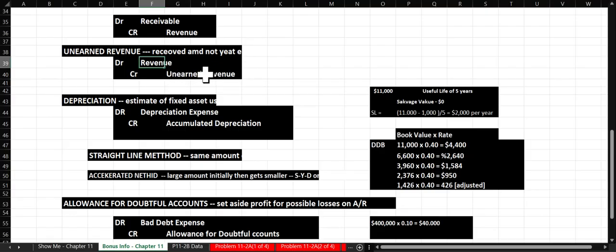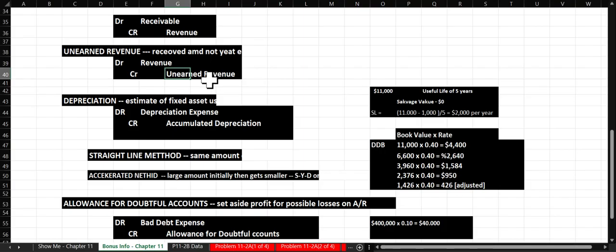This is assuming that it was originally recorded as a debit to cash, for example, and a credit to revenue. If we haven't earned it yet, then we need to take it out of revenue by debiting to decrease it and crediting the unearned revenue.